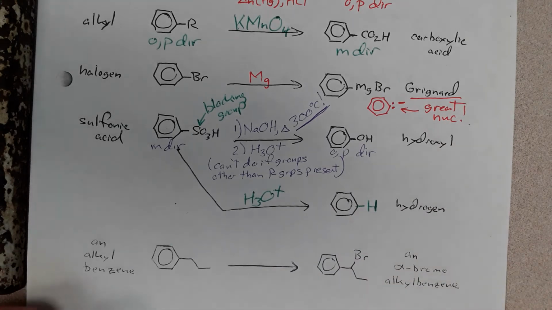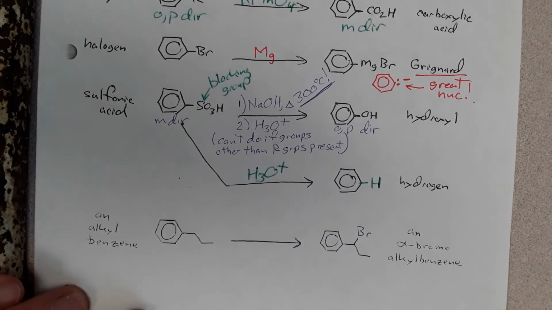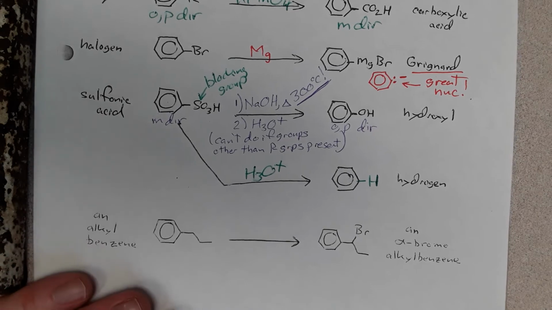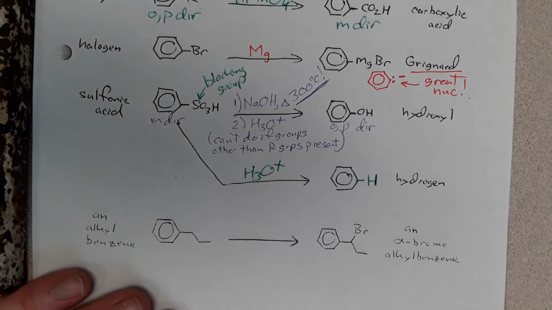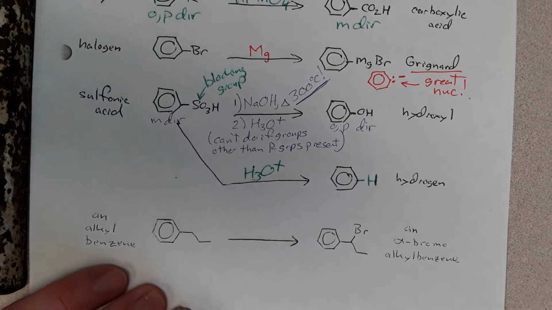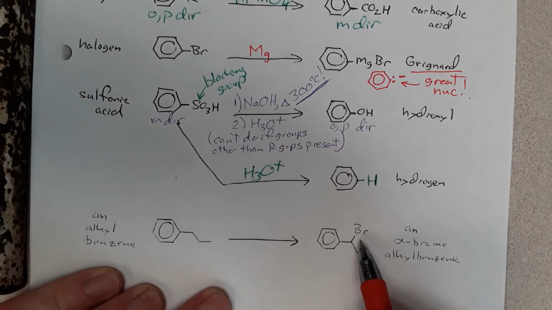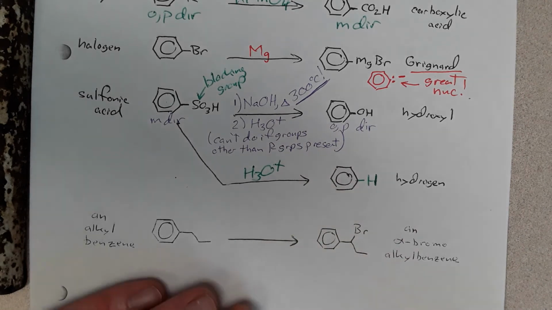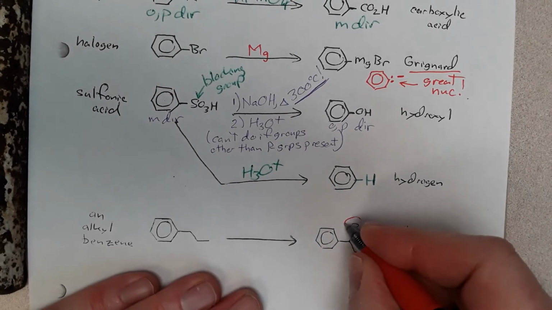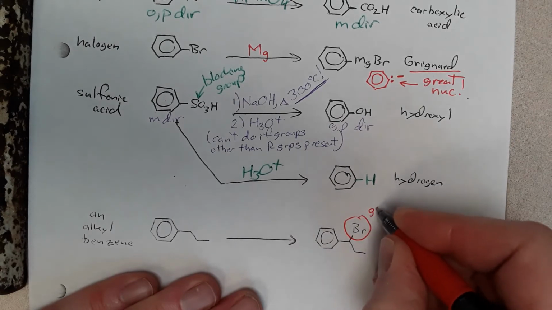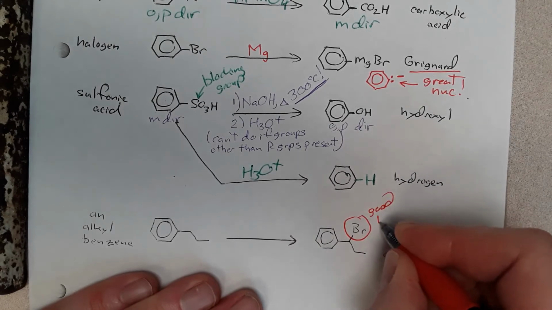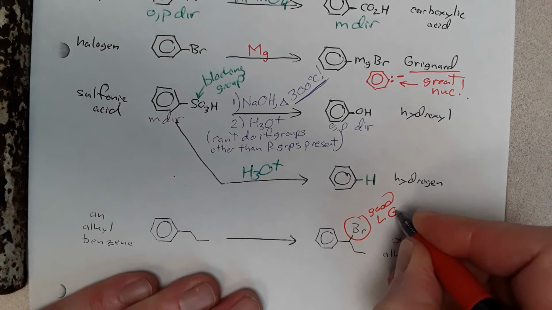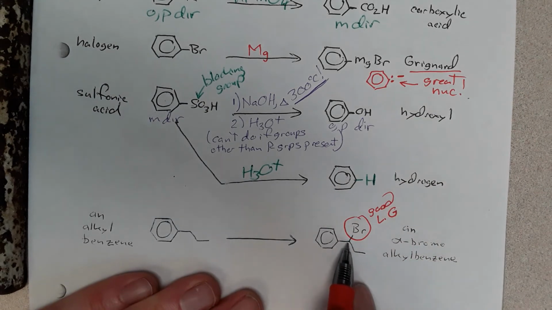Okay, so in the last one here, if we have an alkyl group that is attached, we may want to add a bromine onto there. And why do we care about having halogens in particular positions? Well, they are really good leaving groups. And so it provides a position of reactivity here.